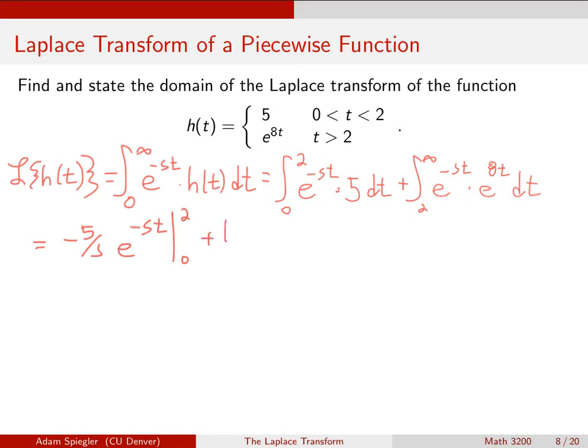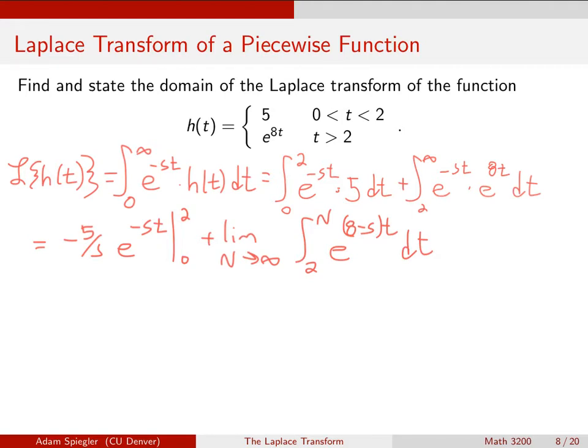So for this one, we're going to take the limit as n goes to infinity, and let's combine the powers of the exponents inside the integral. So we're going to integrate from 2 up to n, and I can write this as e to the 8 minus s times t, and we're integrating with respect to t.